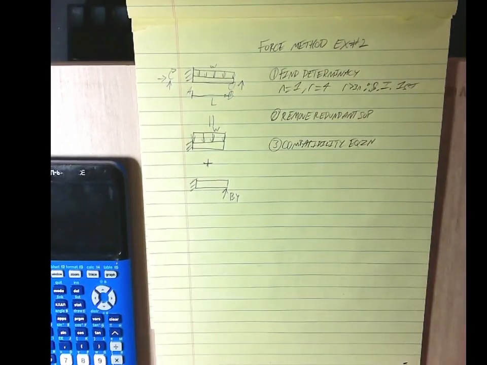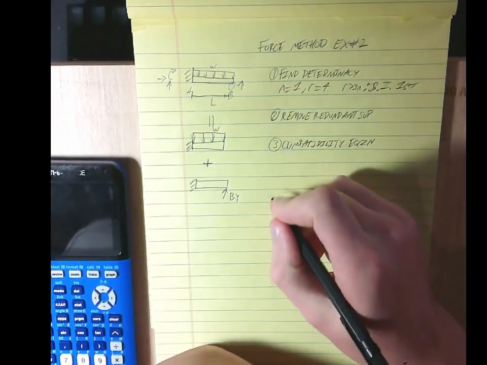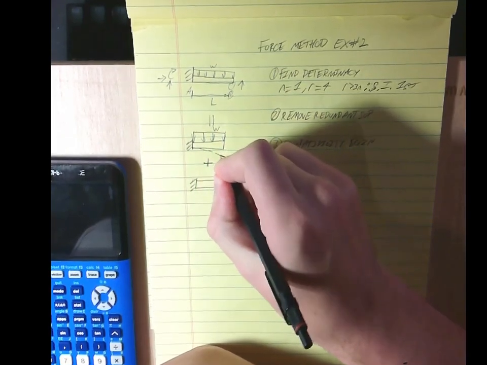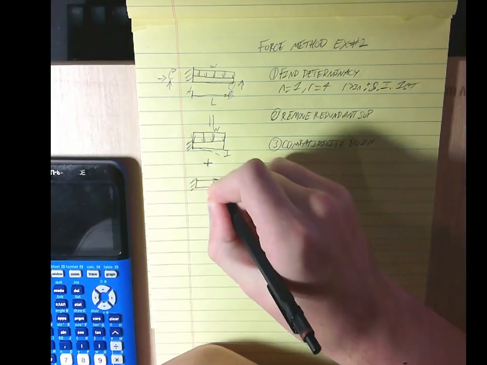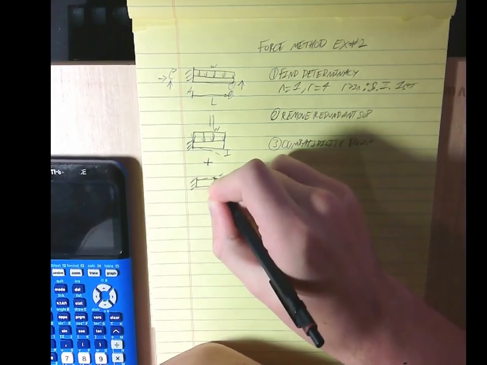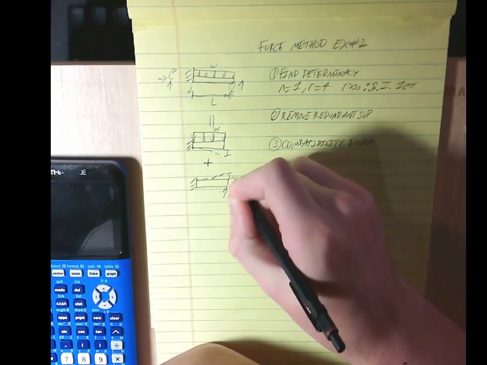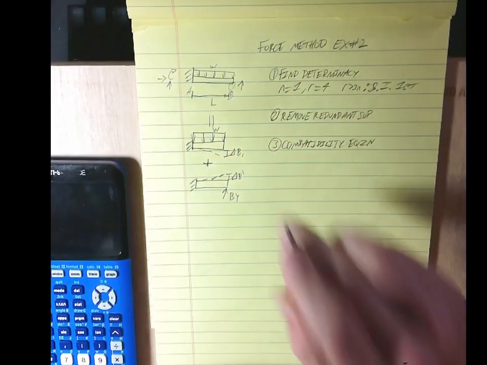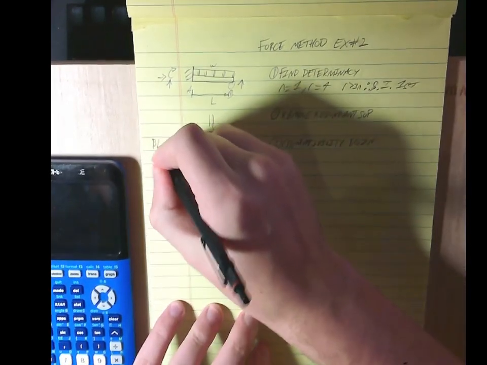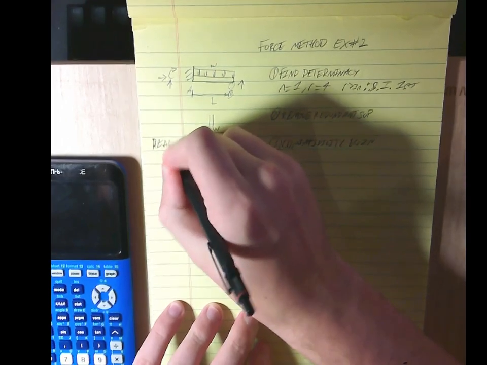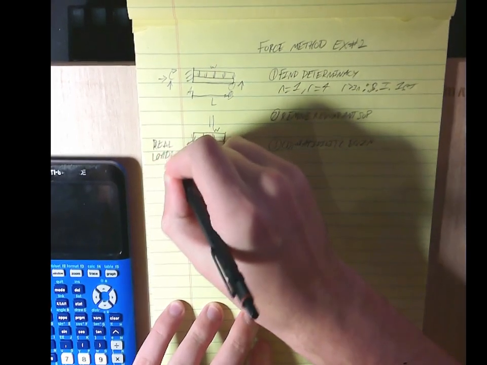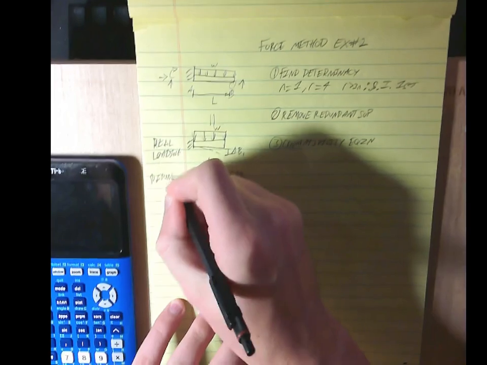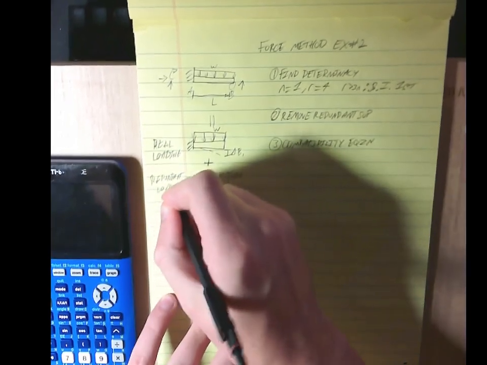Compatibility equation here. That's displacing downward. That's going up, so this would be delta B prime, delta B1. Remember, this is our real loading, and this is our redundant loading.